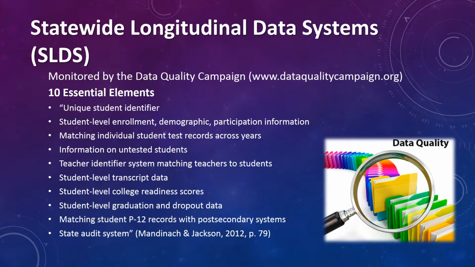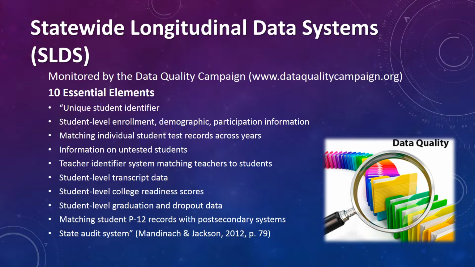The Data Quality Campaign is in charge of monitoring the statewide longitudinal data systems. They developed 10 essential elements that the state should follow when setting up their SLDSs. First, they should have a unique student identifier for each student. They should track student-level enrollment, demographic, and participation information. They should match individual student test score records across the years.